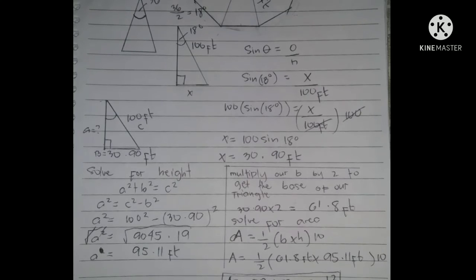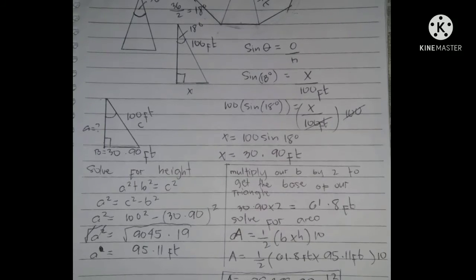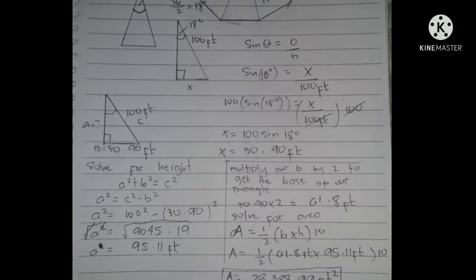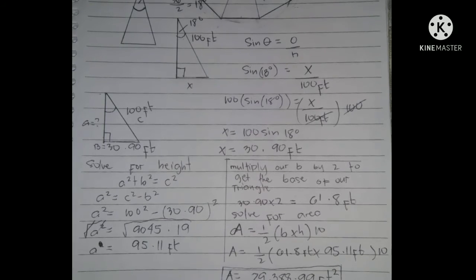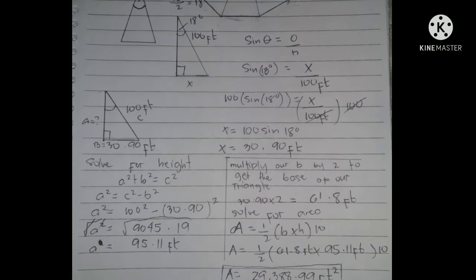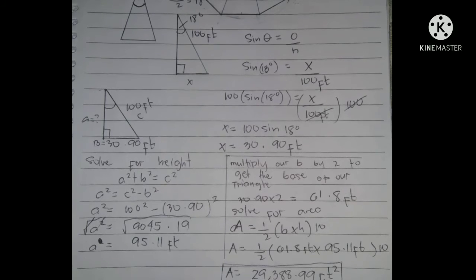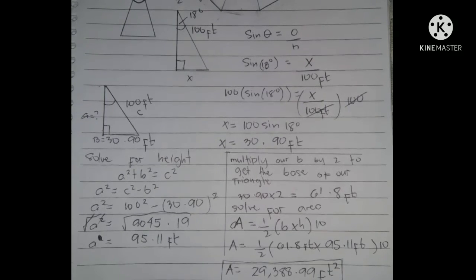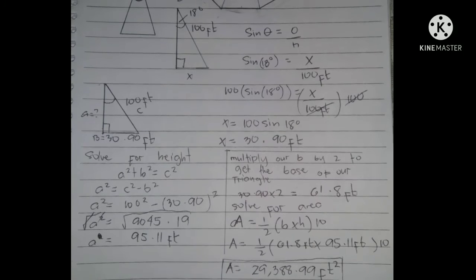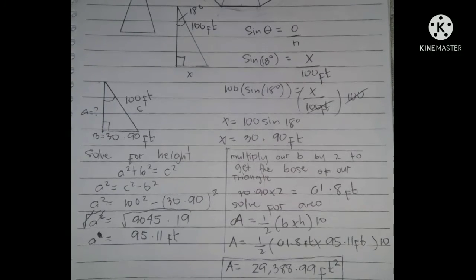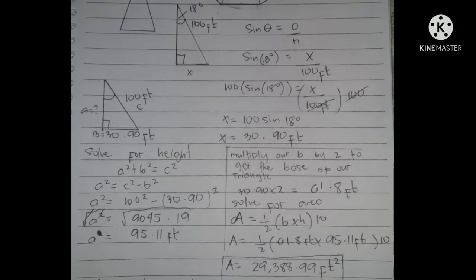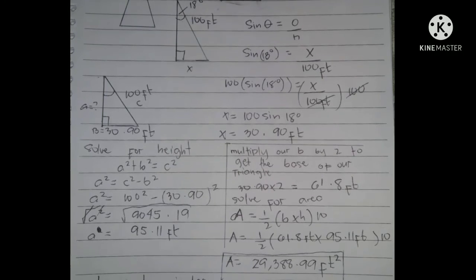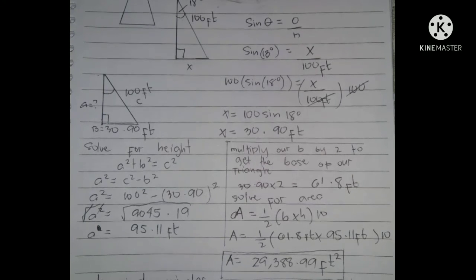So our a squared is equal to 100 squared minus 30.90 squared, and we will get here a squared is equal to 9045.19. So we put the square root on both sides to cancel out the exponent. So I have now here a equals 95.11 feet. So our a or our adjacent is equal to 95.11 feet.